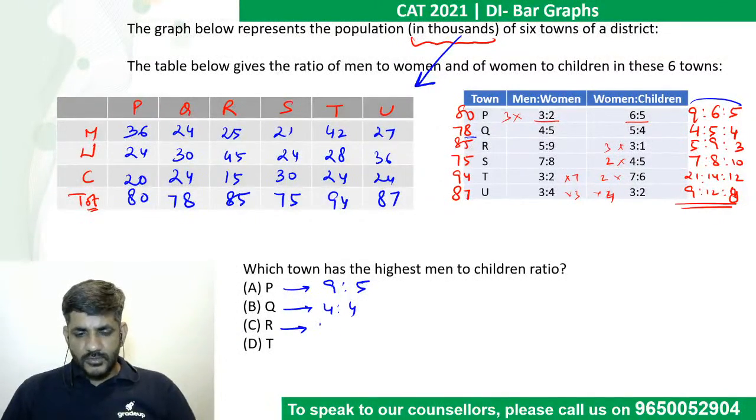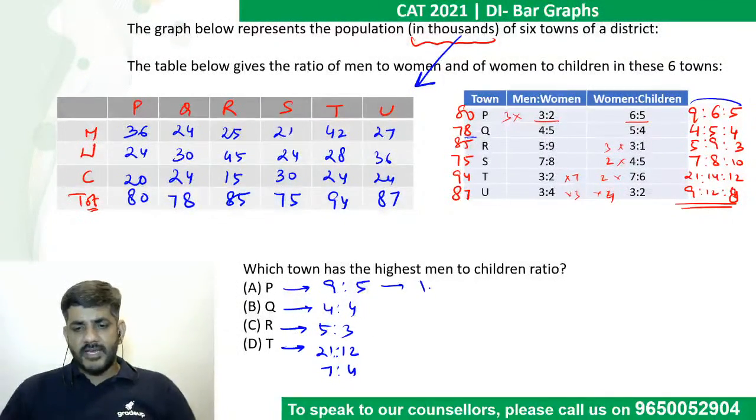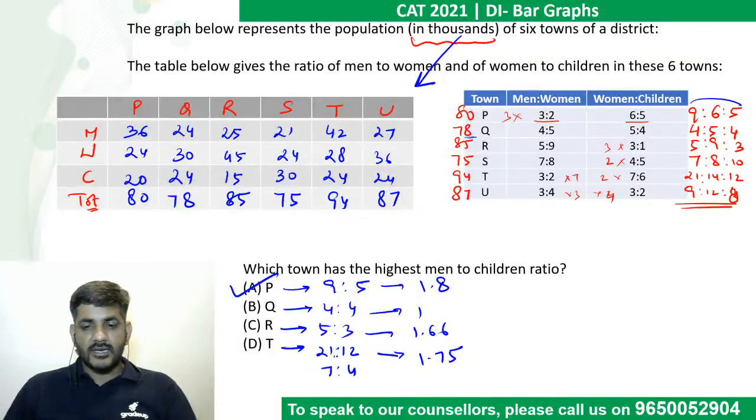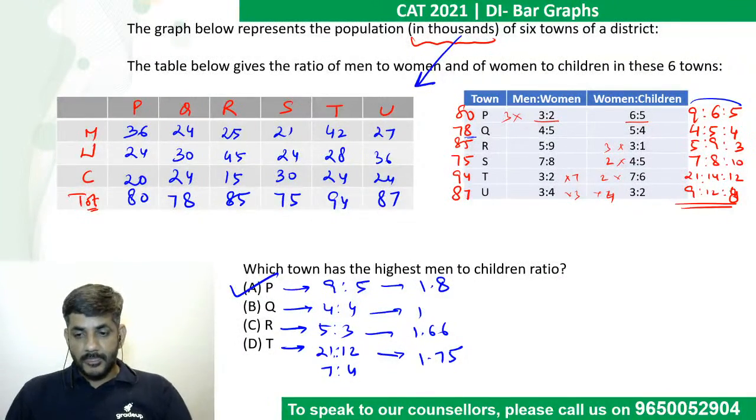R के केस में the ratio is 5:3 and T के केस में the ratio is 21:12 और 3 से cancel out हो गया 7:4. So this 9 by 5 is 1.8. This is 1. 5 by 3 is 1.66 and 7 by 4 is 1.75. So I see that the largest ratio is in terms of P. So P is the correct answer.